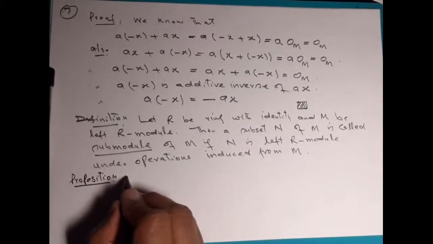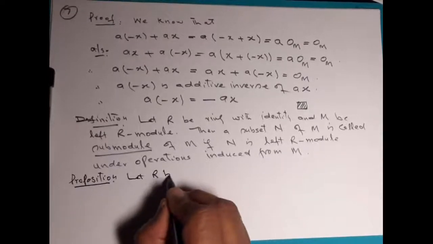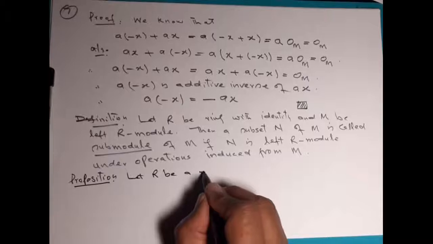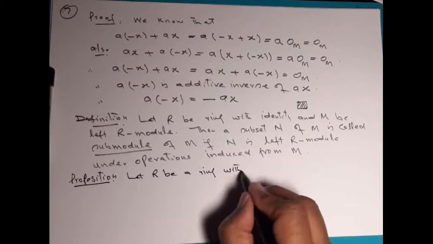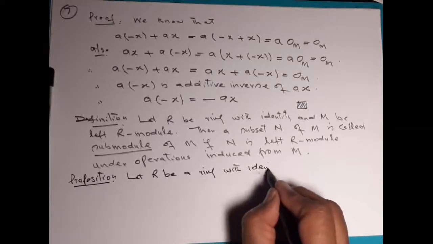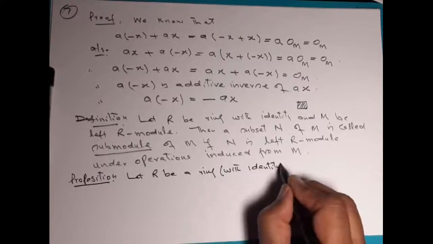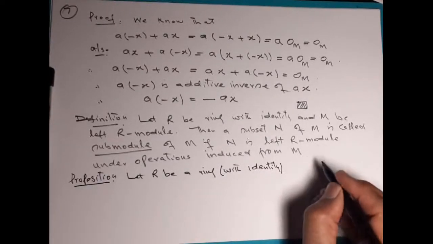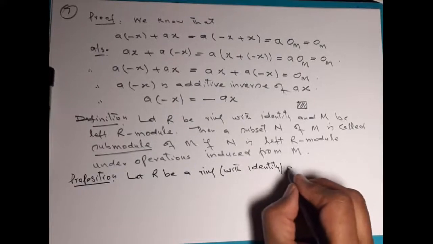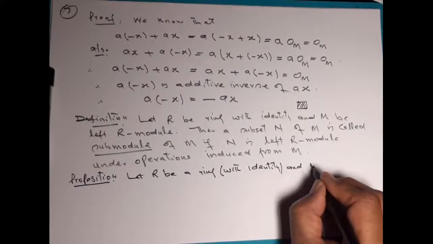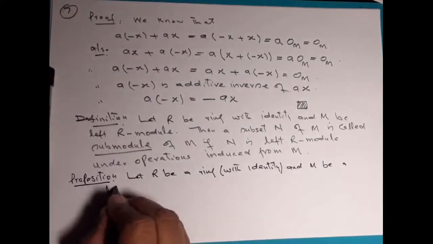Okay, let R be a ring with identity. Every ring is going to be with identity, I'm simply emphasizing it. So let R be a ring with identity and M be a left R module.